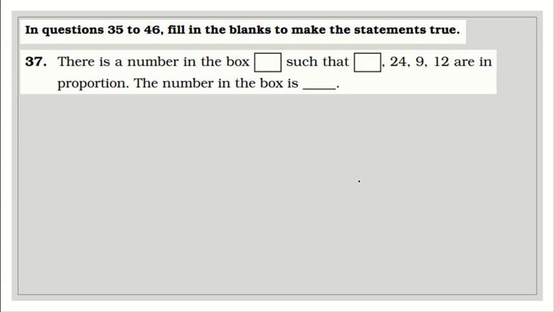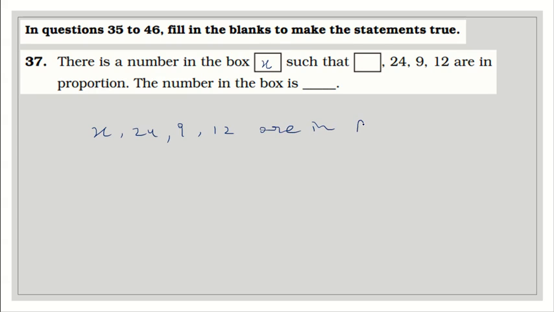Coming to question number 37, there is a number in the box such that box, 24, 9 and 12 are in proportion. Children, it's very simple. If I assume that box as x, that means x, 24, 9 and 12 are in proportion.